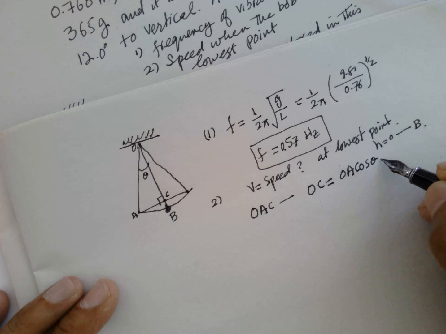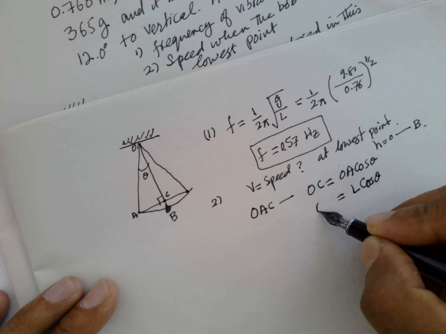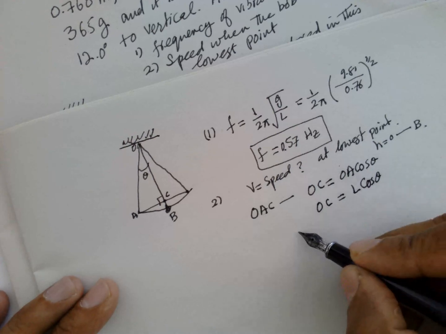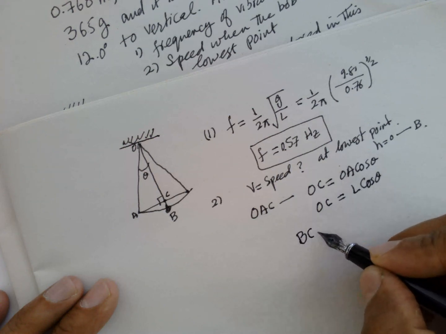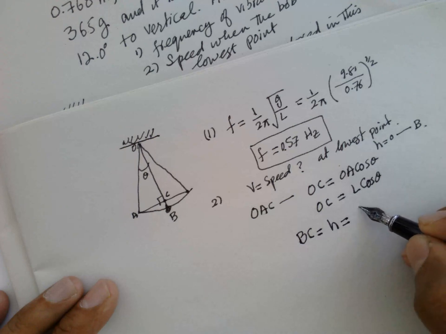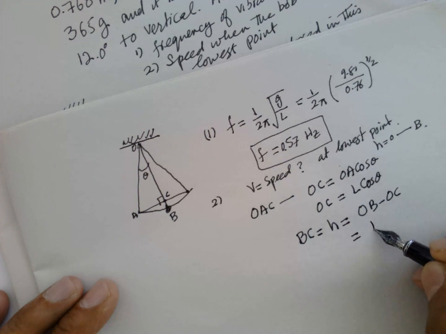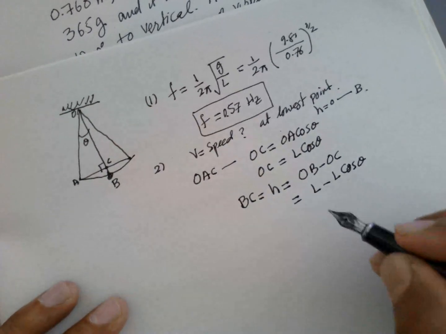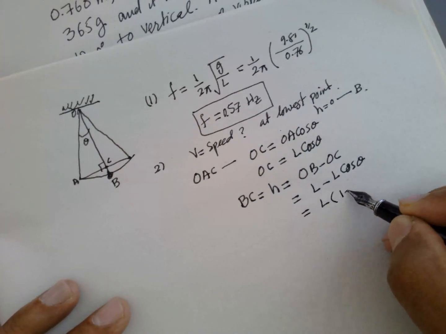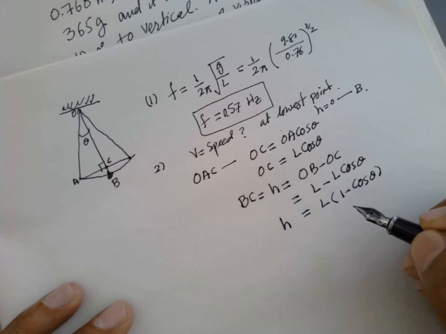OA is L, so this is equal to L cos theta. This is OC. Then BC, which is the height, is equal to OB take away OC. OB is equal to L minus L cos theta, which is equal to L into 1 minus cos of theta, which is h, the height.